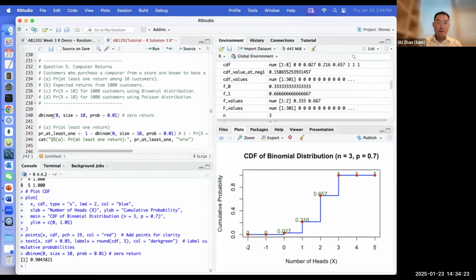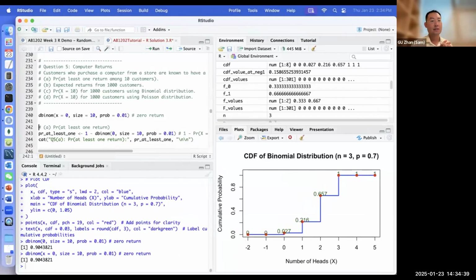So dbinom, zero returns, size equals 10, and the probability is 0.01. Zero returns is this amount. So 1 minus this zero-return probability is the probability of at least one return.